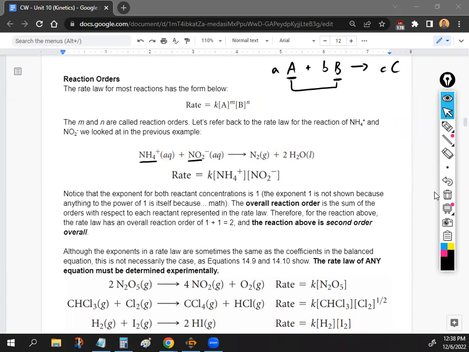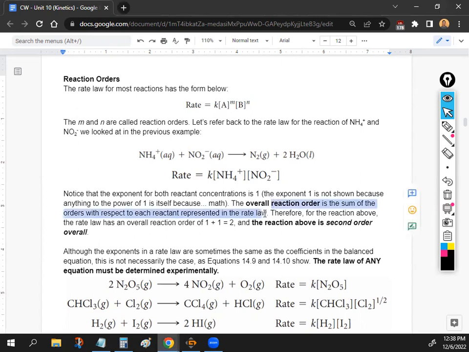All right. Now, we're going to be talking about something called reaction orders. So I want you guys to just write that term down, reaction order. I guess this is the part that you guys can write down. The reaction order is the sum of the orders with respect to each reactant.